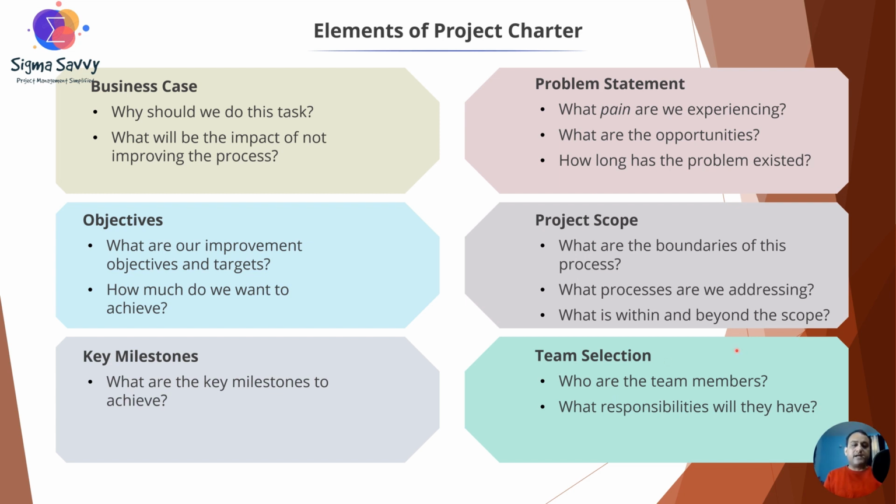Now let us look at team selection. Team selection is a field in the project charter that defines the roles and responsibilities of the project team members. It answers the question, who will work on the project and what will they do?